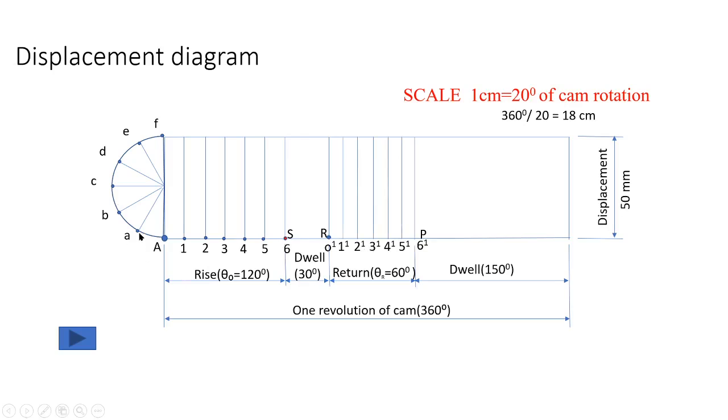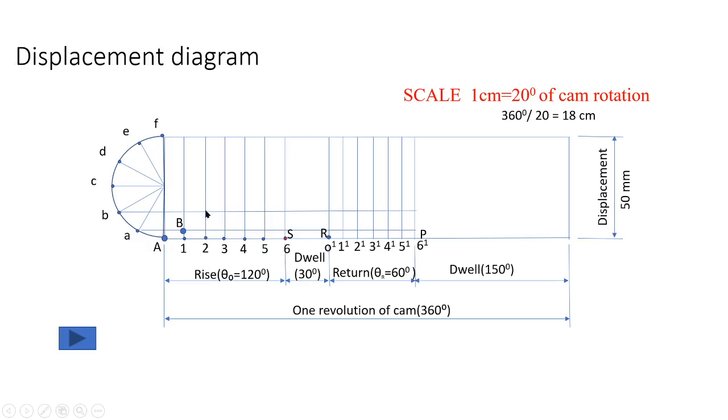Now from the point A, draw the horizontal line. This horizontal line intersects the vertical line from point 1, and you mark this intersection point as B. Now draw the horizontal line from B. This horizontal line intersects the vertical line from point 2.